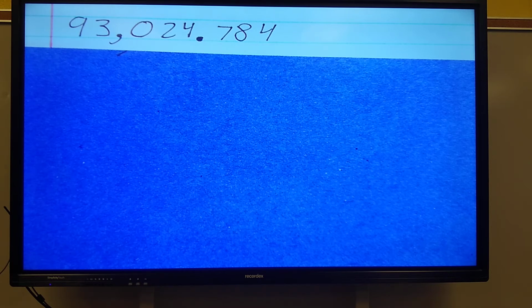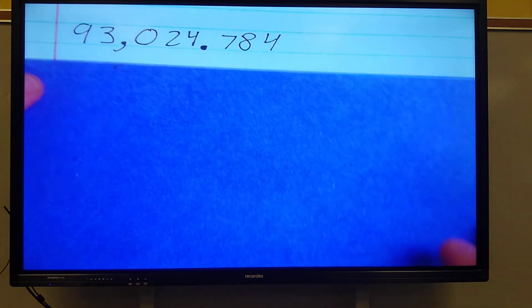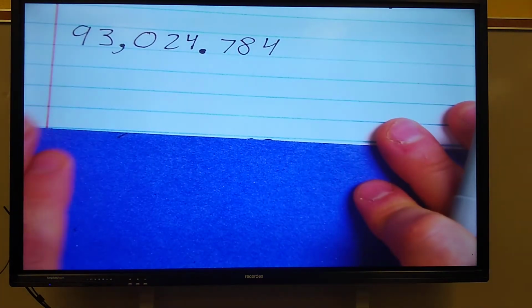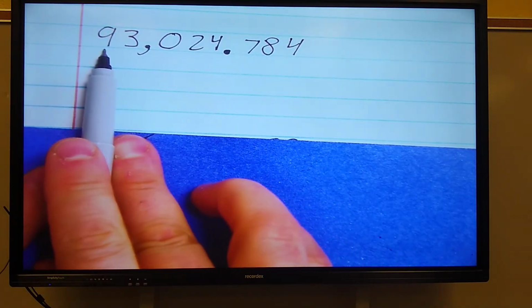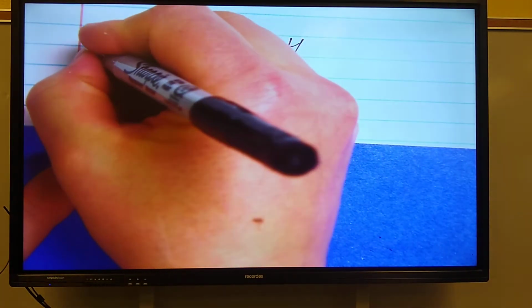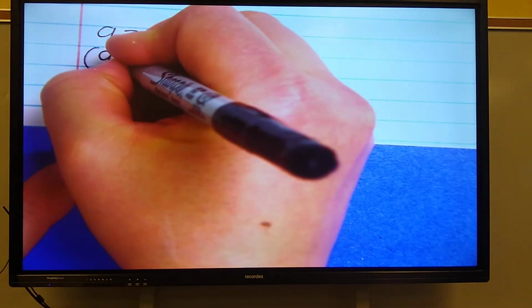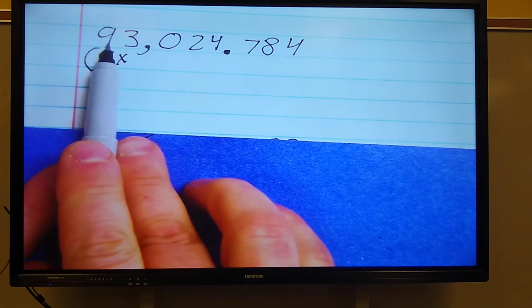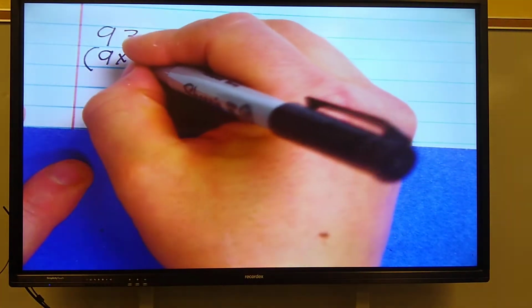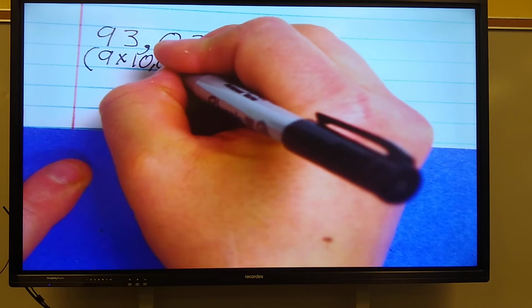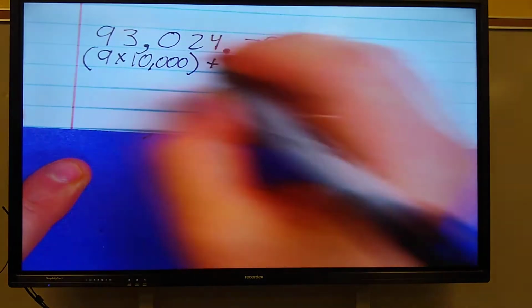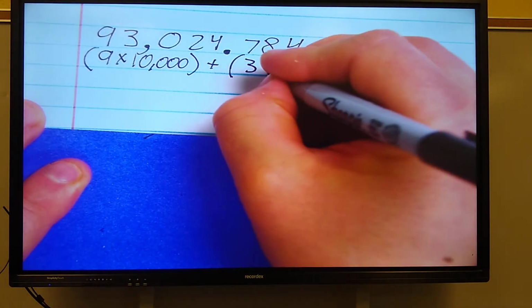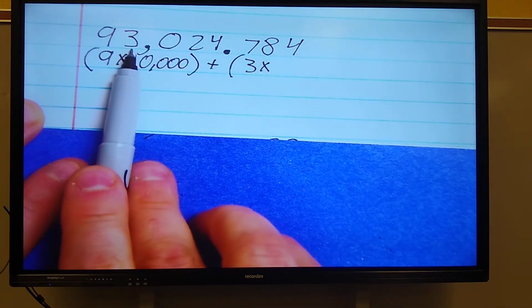All right, let's see how well you did. All right. The 9, parentheses, 9 times, it is in the 10,000s place. 9 times 10,000. Plus, parentheses, 3 times its place.